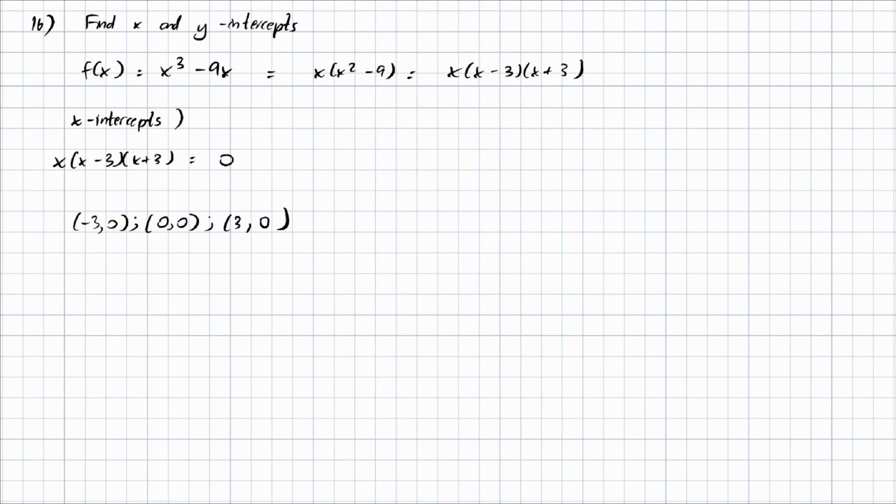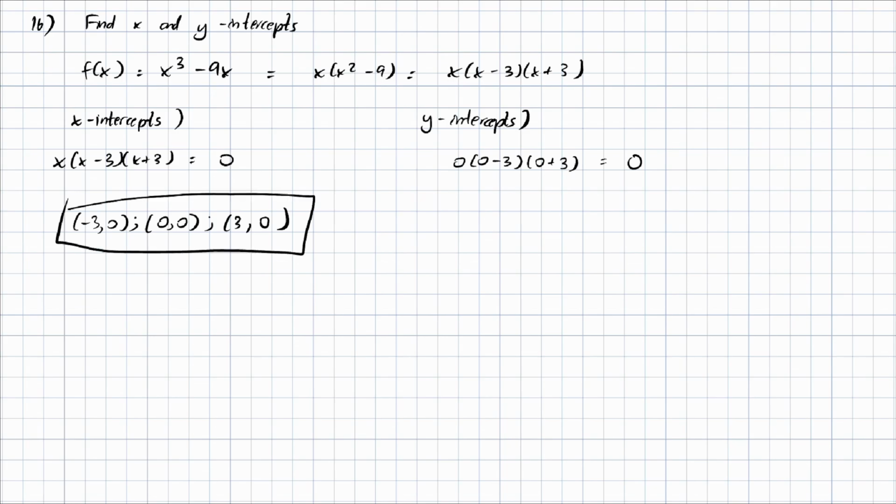Let's see what else. Okay, y-intercepts. We're going to plug in 0, right? So 0 times 0 minus 3, 0 plus 3, and that's just equal to 0. So my y-intercept is 0 comma 0. And that is it.